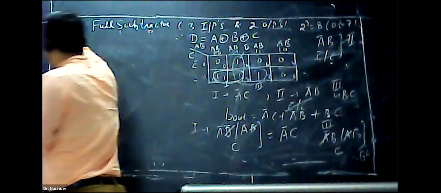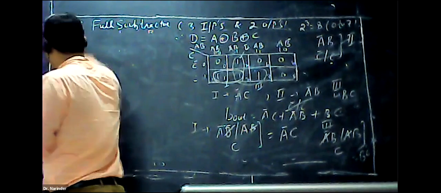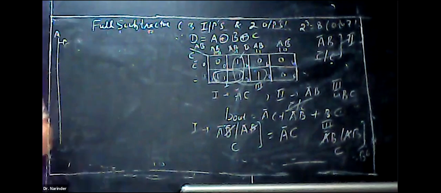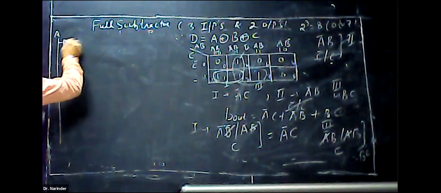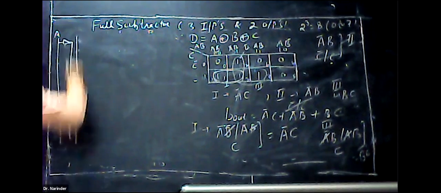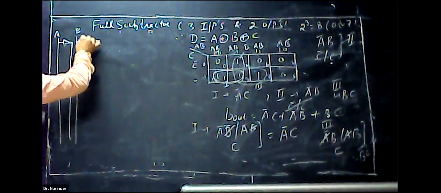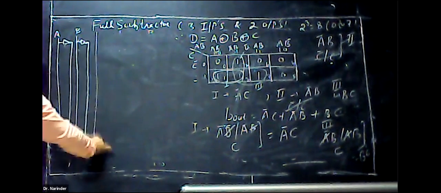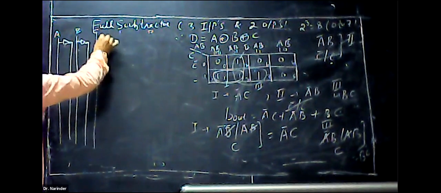You have three variables. A, this would be your A bar. B, this would be your B bar. C, this would be your C bar.